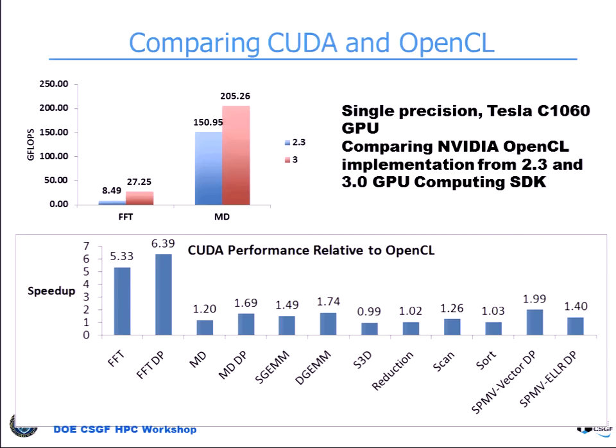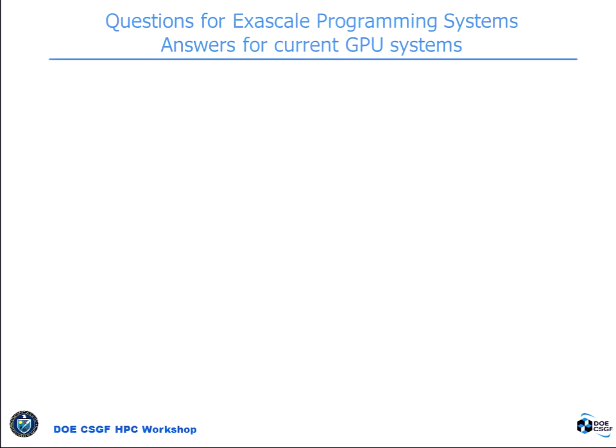A few of them are way off, and we actually know what the difference is now and have made some changes to SHOC to bring those more in line so they're not so extreme. So what's the takeaway point here? The takeaway point is OpenCL is an open standard that you can start thinking about coding to today, and it'll run on multiple platforms. Performance is starting to catch up and be competitive with CUDA. And again, we see it improving every day.